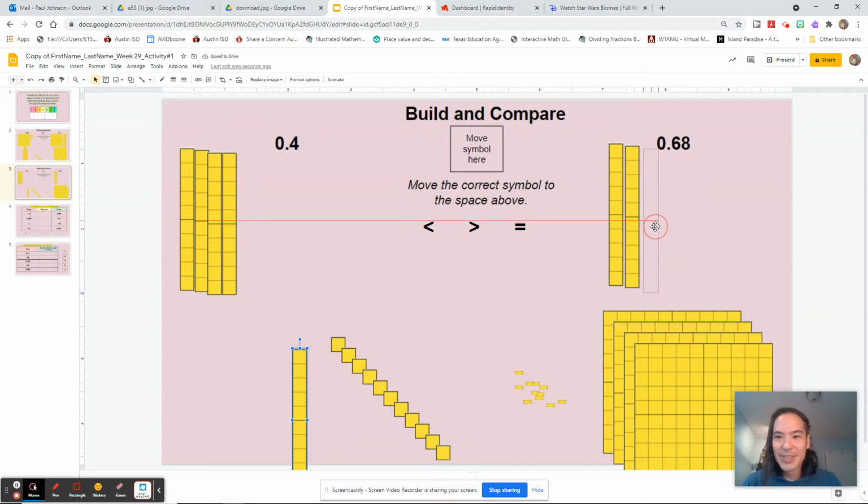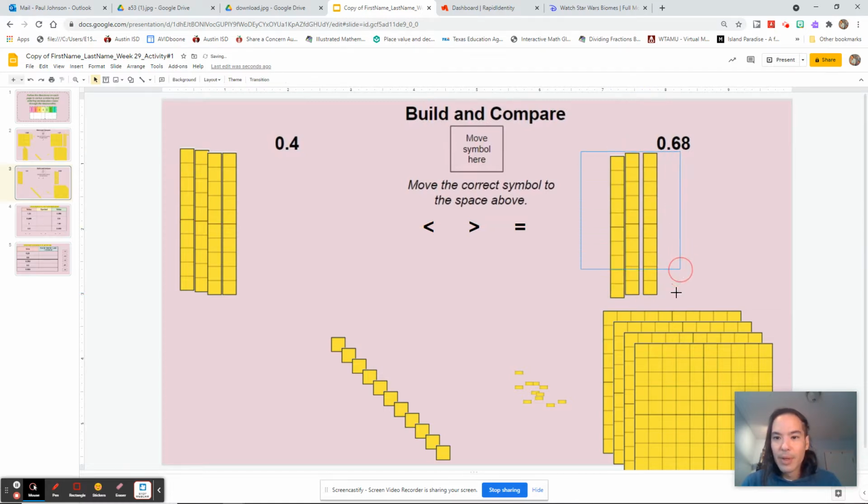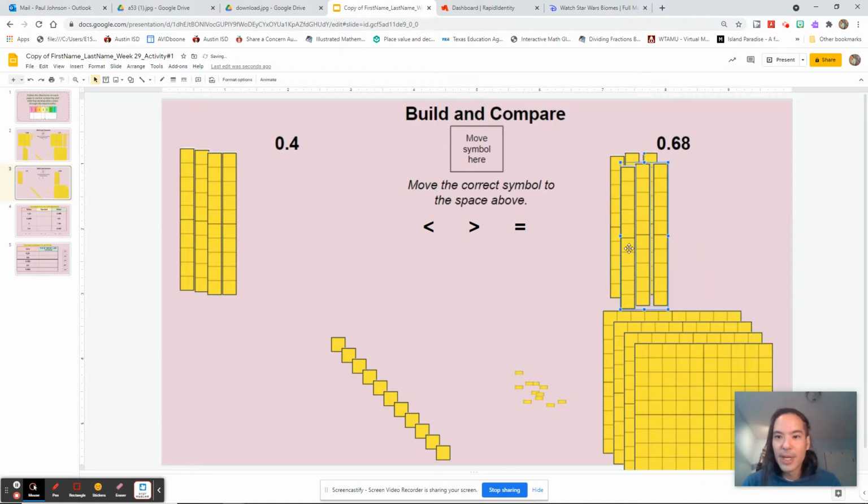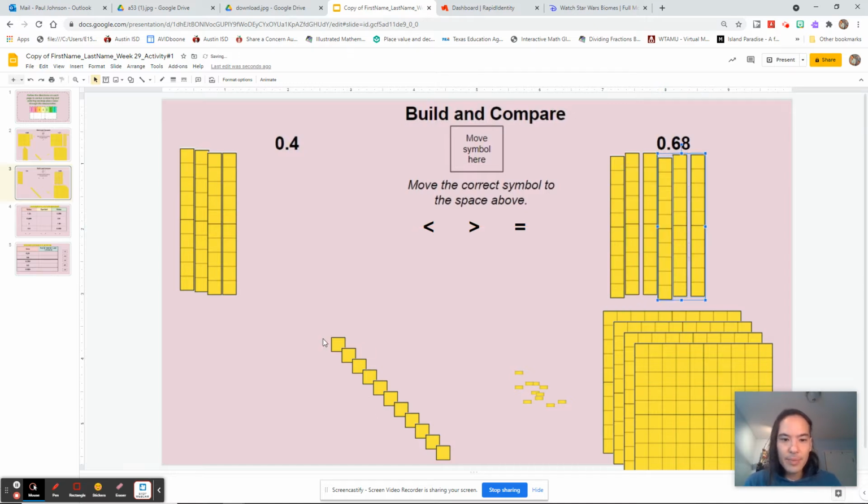So here's 3 of them. So we need 3 more. So what I'm going to do is line them up, copy all 3, and then paste 3. And then that makes 6 tenths. And then I'm just going to move 1, 2, 3, 4, 5, 6, 7, 8.